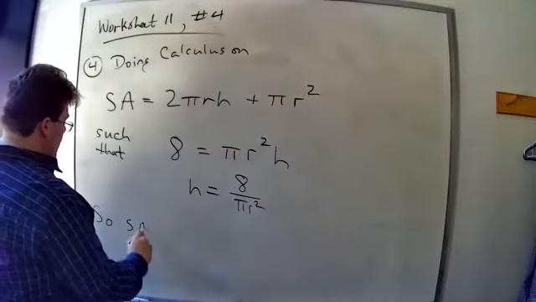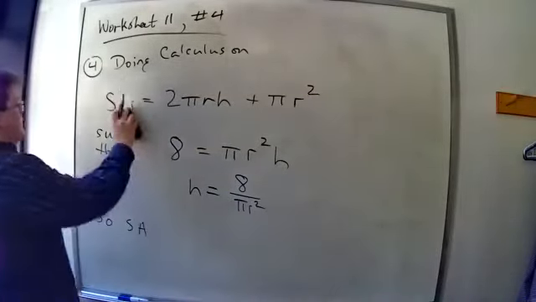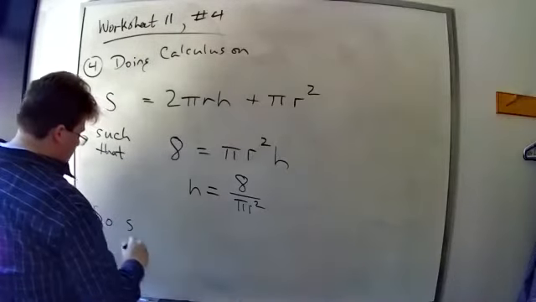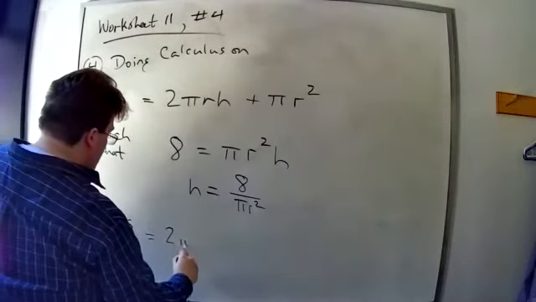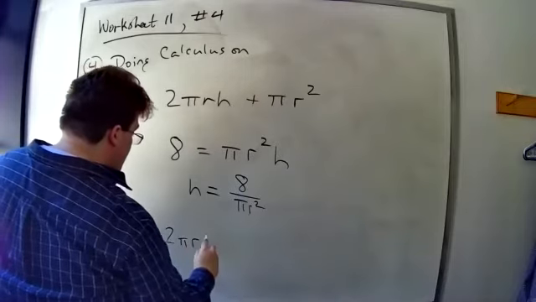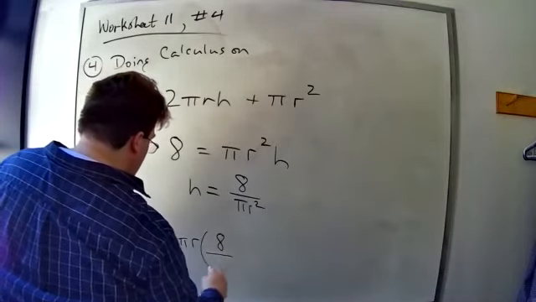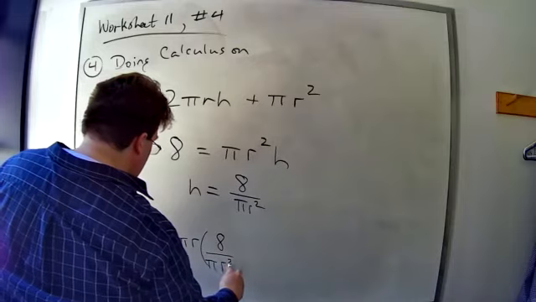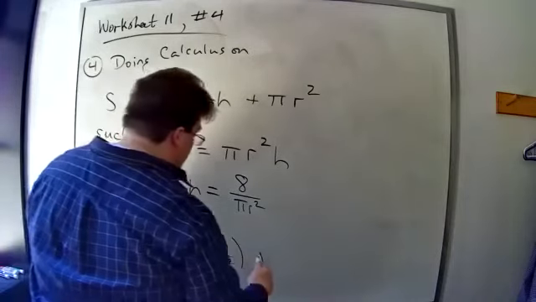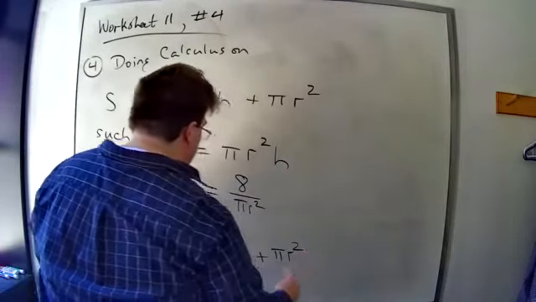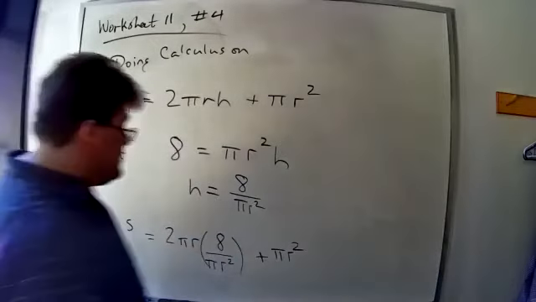So the surface area, which I'll just call S, so S equals 2 pi r times H plus pi r squared. And what does that simplify to?